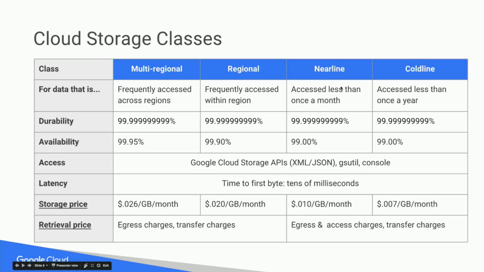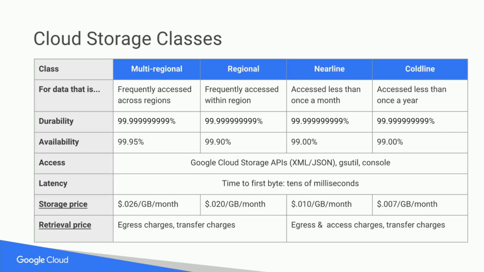On the right-hand side, then, you have nearline and cold line storage. And these are intended to hold data at reduced costs, but it's data that you don't access as often. So basically what happens is if you put something in nearline, Google essentially puts it someplace that it's less expensive for Google to store, but it's more expensive for Google to serve. So what they do is they cut the price for storage, but then they make you pay for accessing it.